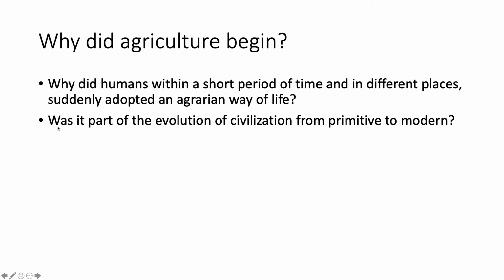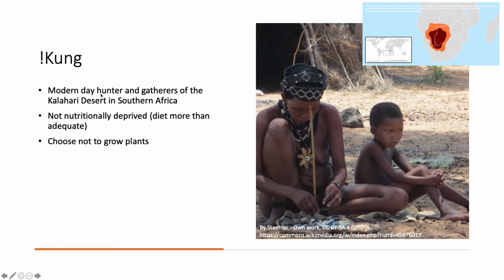But to answer this question, if agriculture is part of the evolution of civilization, of course, the answer is no, because there are a few groups of people, for example the Kung, in southern Africa, who are still living the foraging life.